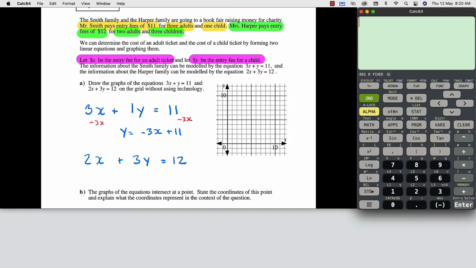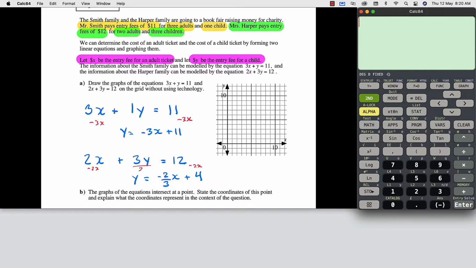To do that, I would minus 2x from both sides, and then I would have to divide by 3. I'm going to end up with y equals negative 2 over 3 x plus 12 divided by 3, and 12 divided by 3 is 4.